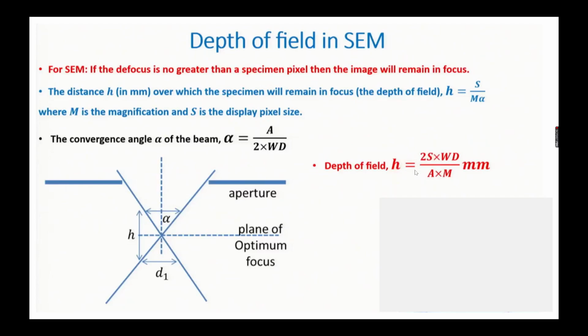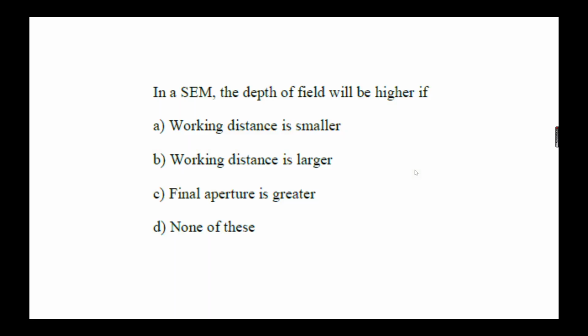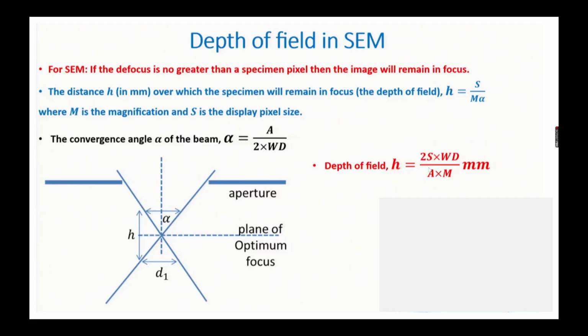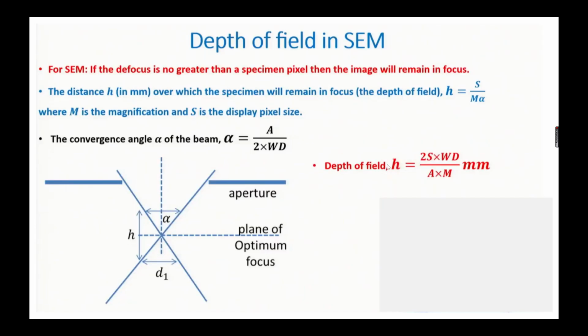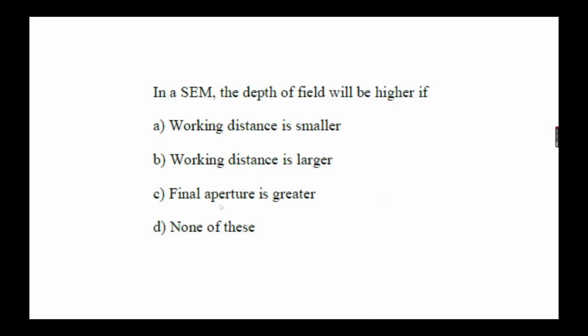So from here you can get the relation. It is also asking about the aperture. The depth of field should be higher only when the aperture is lower, but here the aperture is greater, so it cannot be possible.